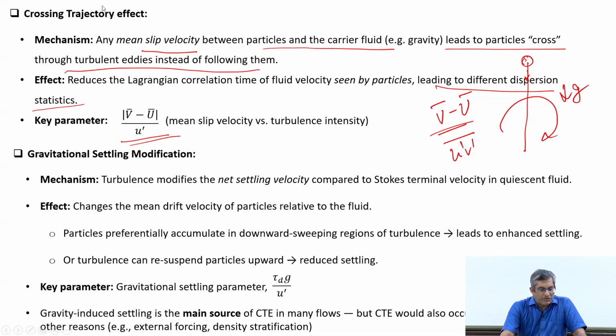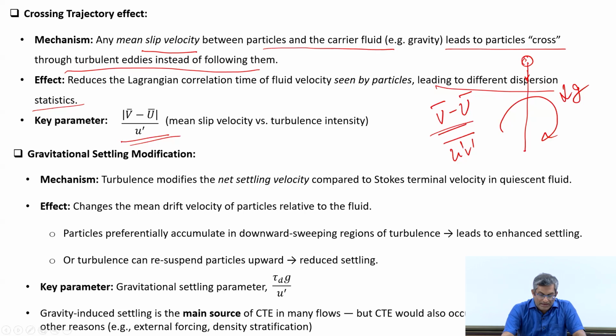This is closely related to the crossing trajectory effect, but while the crossing trajectory effect can also be due to other effects, for example external forcing, where somehow the flow is being forced by some other source, that can also cause the crossing trajectory effect.